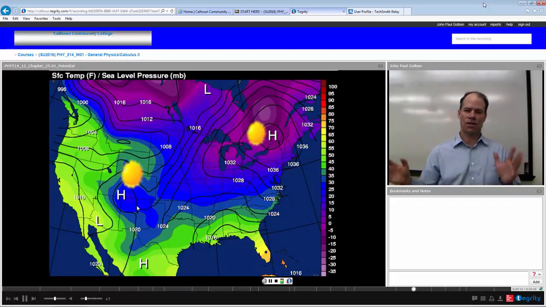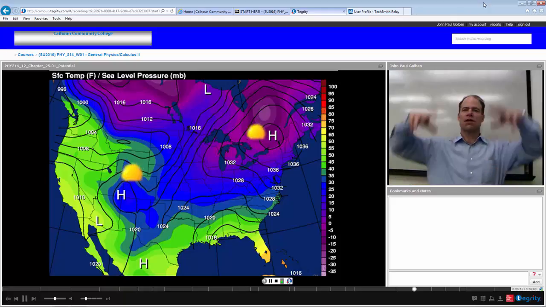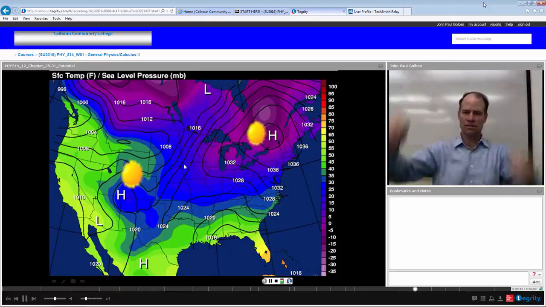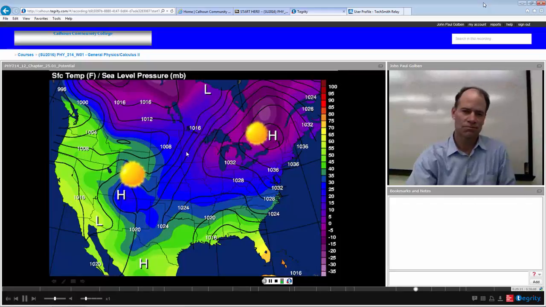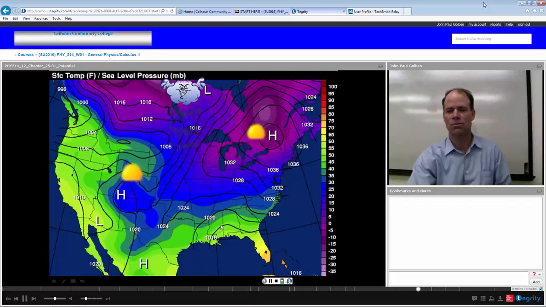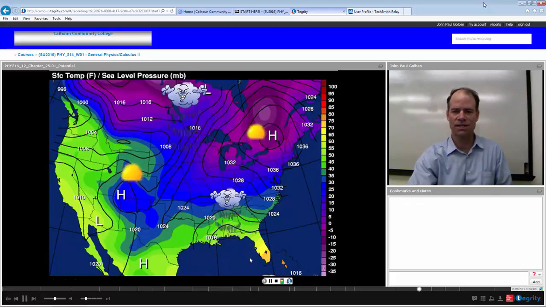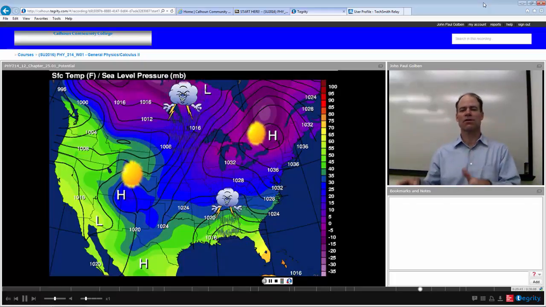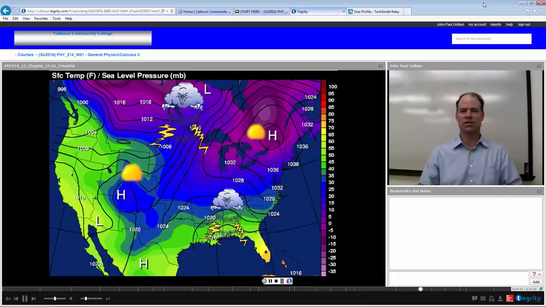At low pressure, that's when air is rising, forming clouds, and hence forming rain clouds and possibly storms. So up here in Canada at this point, we'd have a low pressure, maybe some storms down there, and then over here where the pressure goes down, here in the southeastern United States, we might have a low pressure there. So we can expect stormy weather in those locations on this particular day.